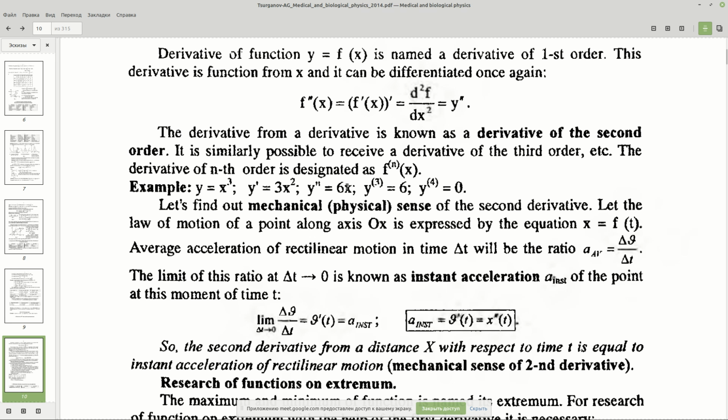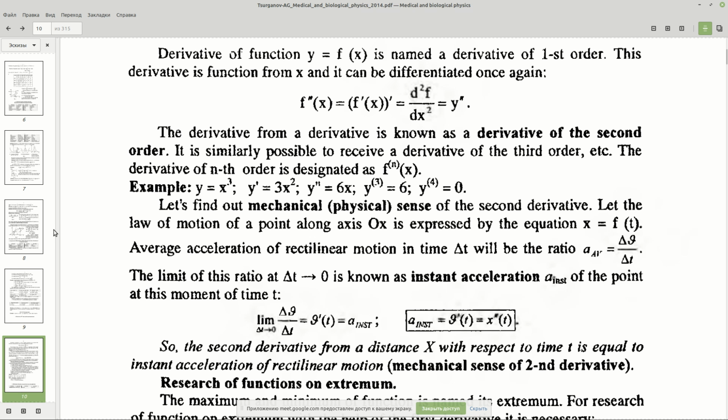Let's find the mechanical, physical sense of the second derivative. Let the law of motion of a point along axis OX be expressed by the equation x equals f of t, a function of time.